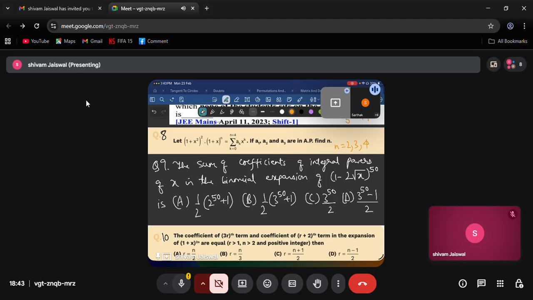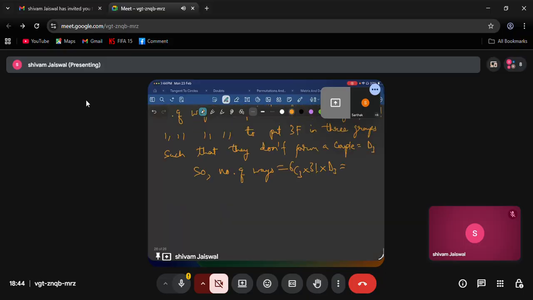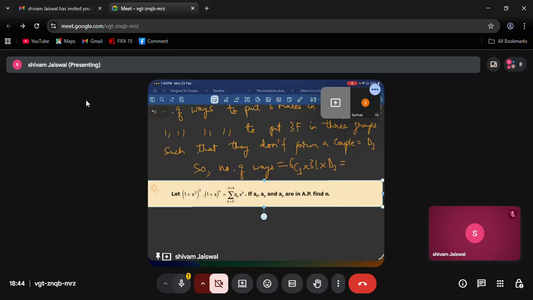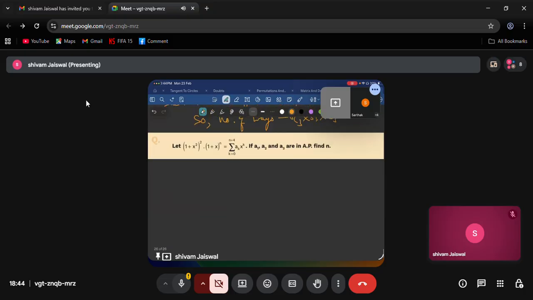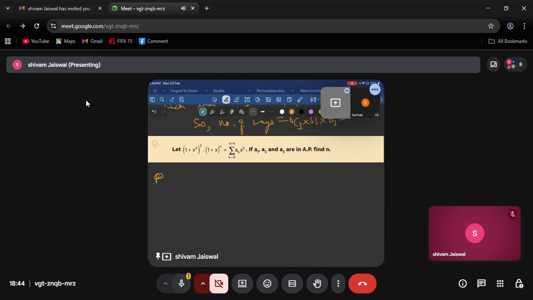So over here we have 1 plus x square whole square into 1 plus x whole to the power n, equal to the summation of k equal to 0 to n plus 4 of ak x to the power k, if a1, a2, a3 are in AP. What is the right hand side?